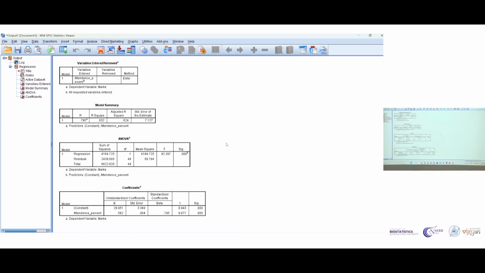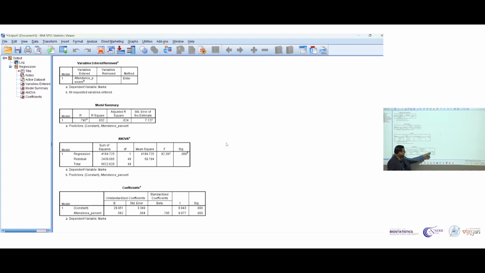Now the question is, whether these beta values are significant or not. And I told you, if this is significant, then either of these will be significant surely.